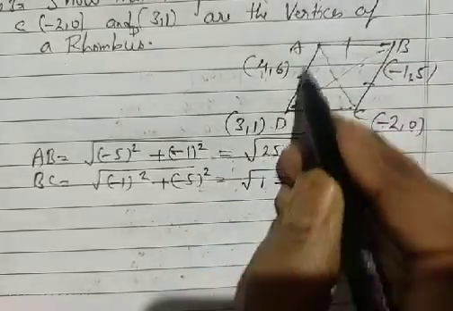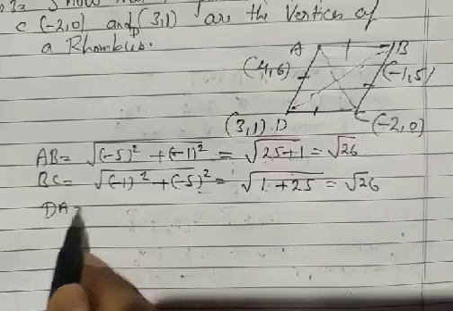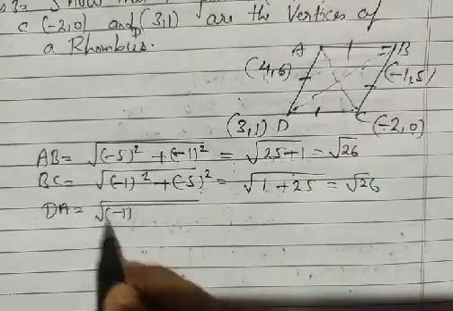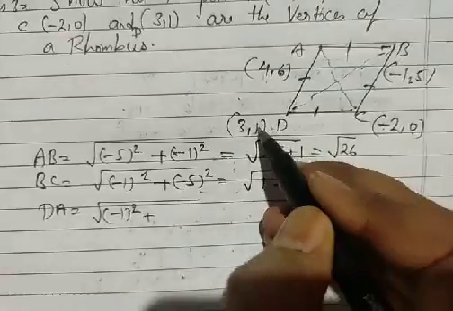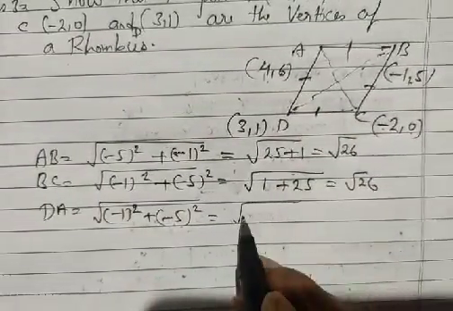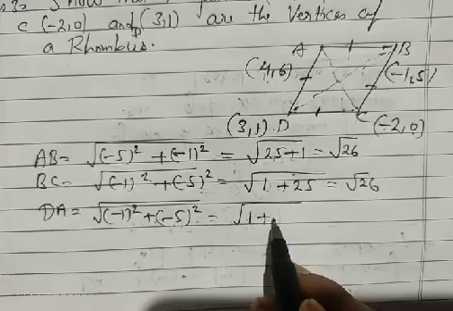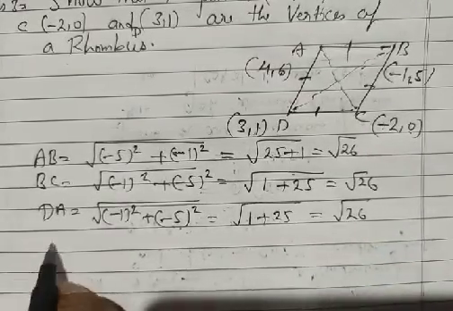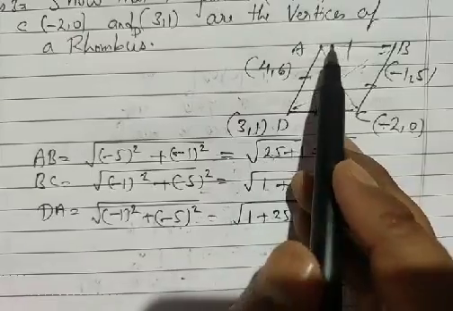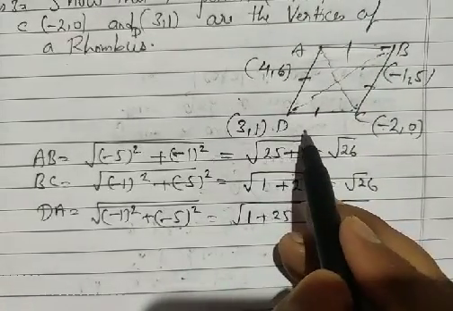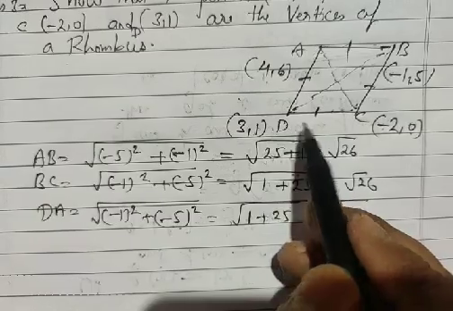Now we are going to find DA. 3 minus 4, -1 whole square, plus 1 minus 6, -5 whole square. Again 1 plus 25, we get root 26.